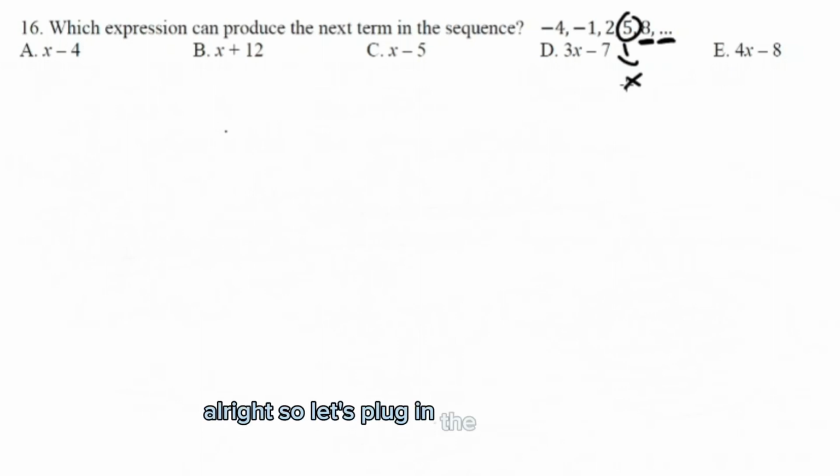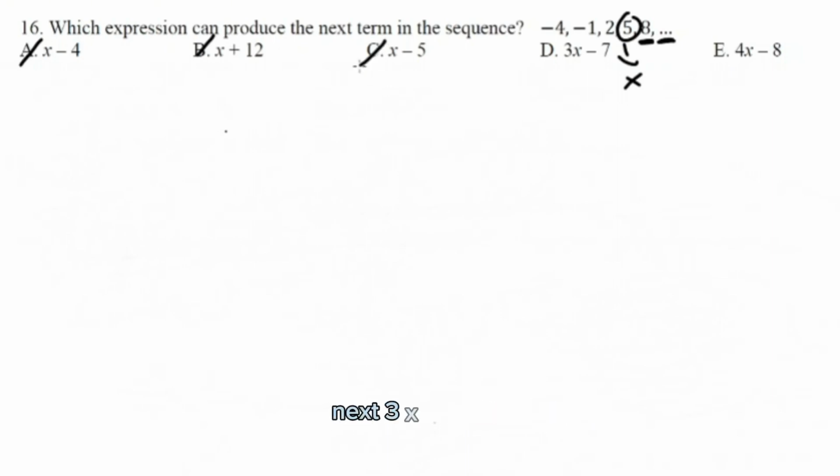Alright, so let's plug in the value of 5 for x in all of these equations. First, x minus 4. 5 minus 4 is 1, and 1 is not equal to 8, so that is not it. Next, x plus 12. 5 plus 12 is 17, which is not 8, so that's not it. Next, x minus 5. 5 minus 5 is 0, and 0 is not equal to 8, so that's not it.